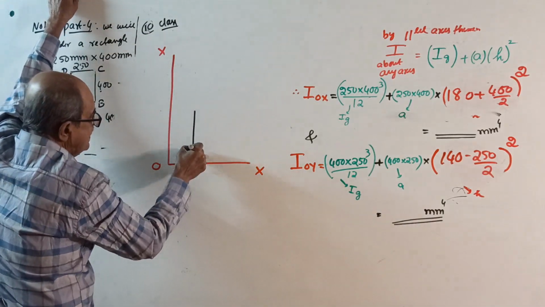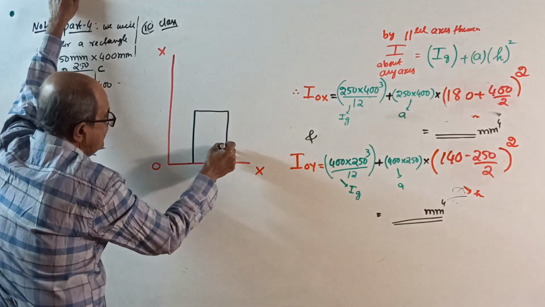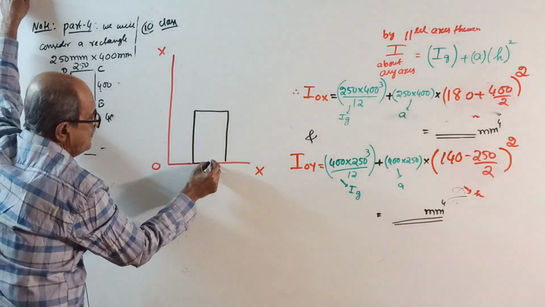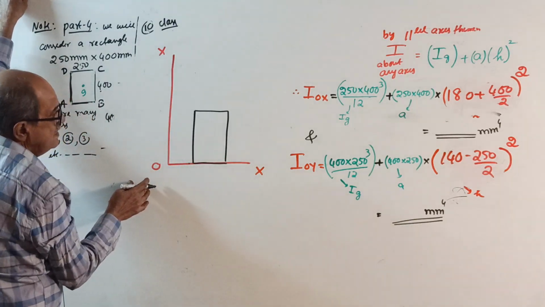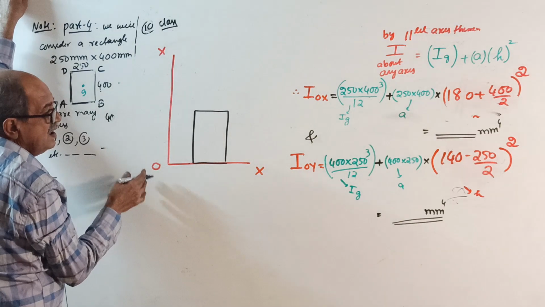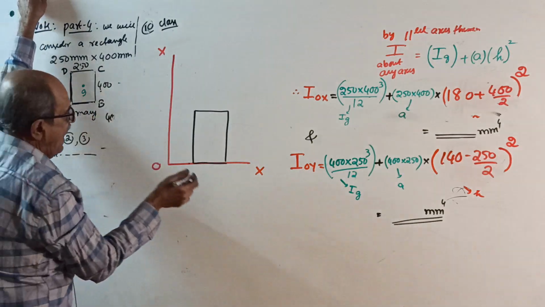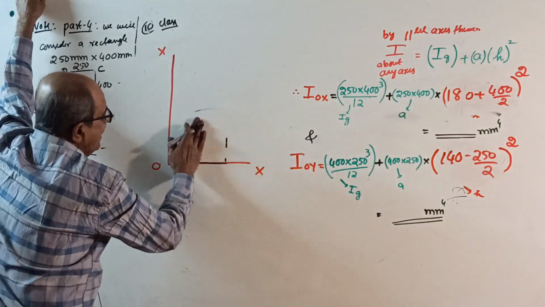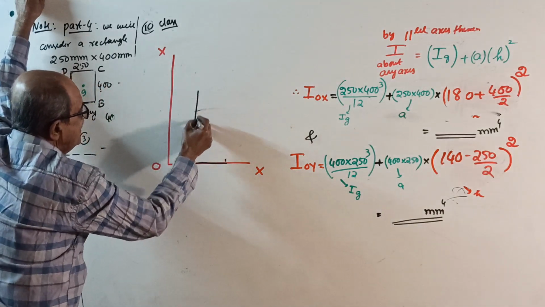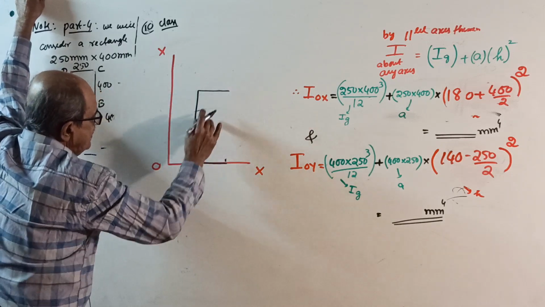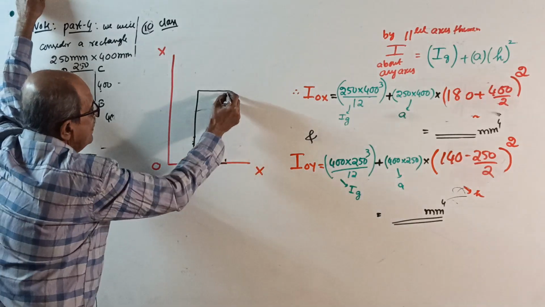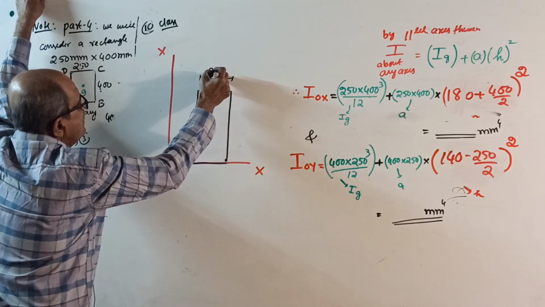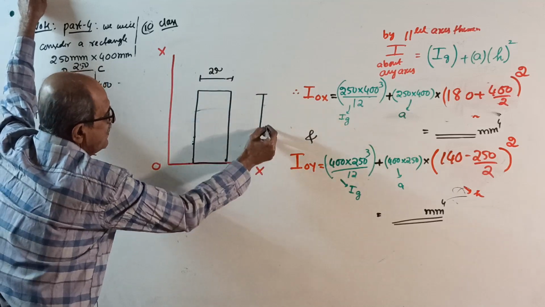And height-wise, it's already over. Okay, leave it. If it is over, no problem. One more: 250 and this is 400. If it is over, take one more case, no problem.